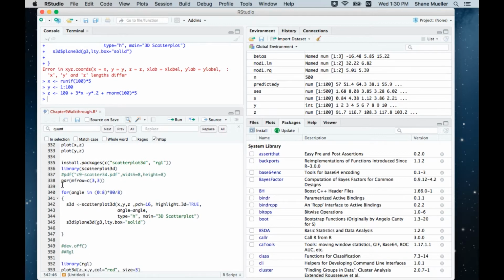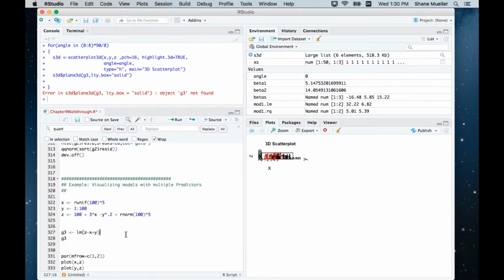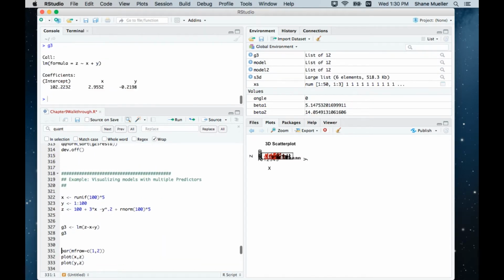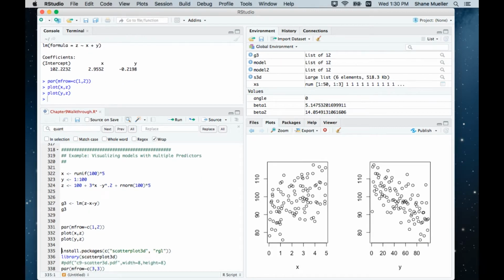And what I'm going to do is make a set of panels of these. Object g3. And scatterplot3d actually takes a regression model and will plot the plane related to that model.